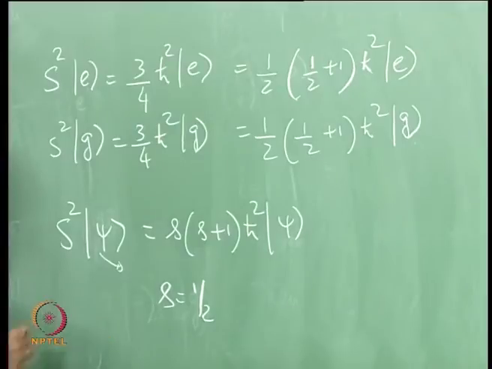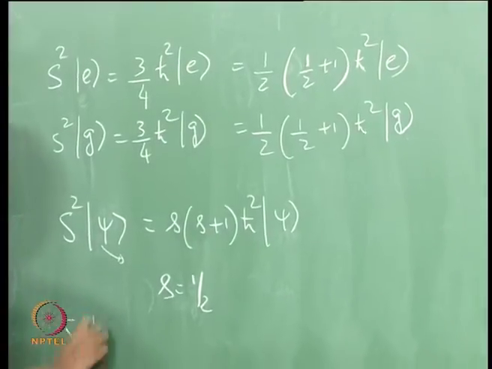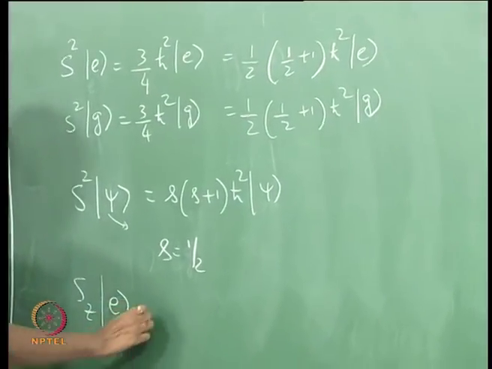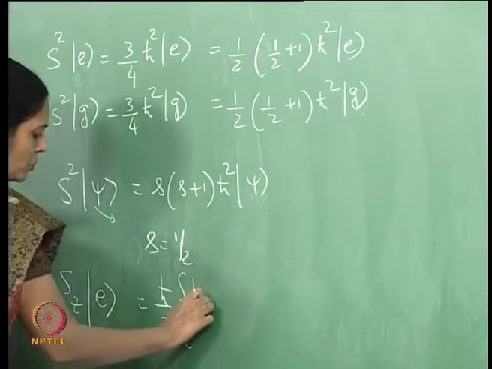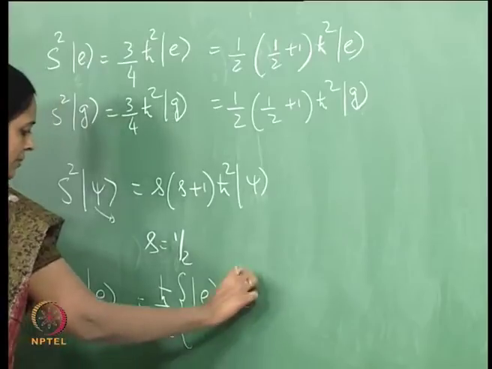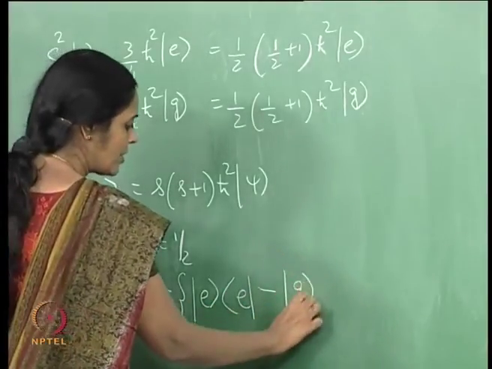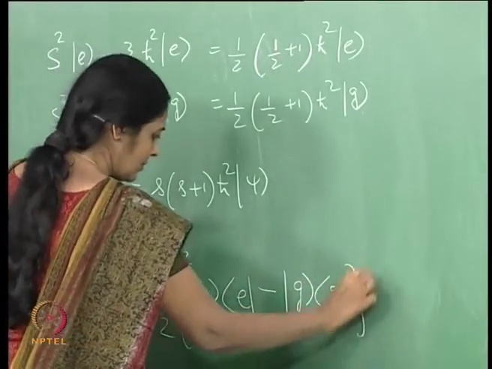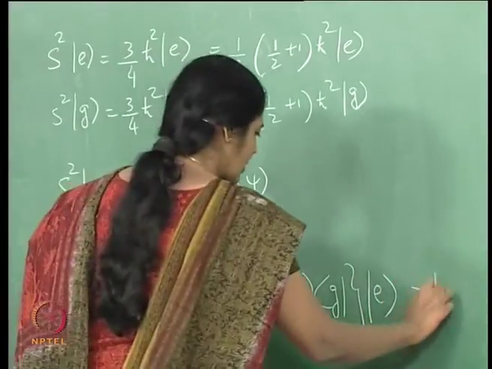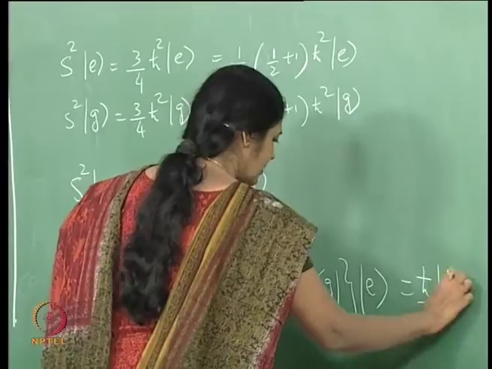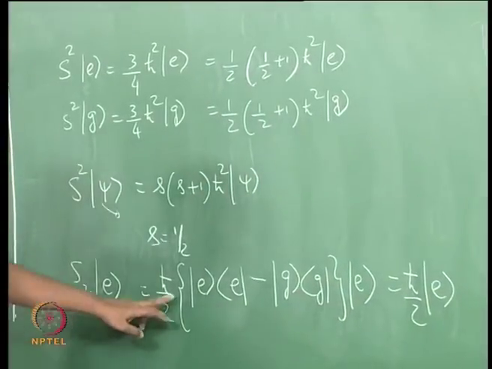Now let me look at Sz acting on ket e. It is obvious that this is the same as ħ by 2 (|e⟩⟨e| − |g⟩⟨g|) acting on ket e, and that is just ħ by 2 ket e.